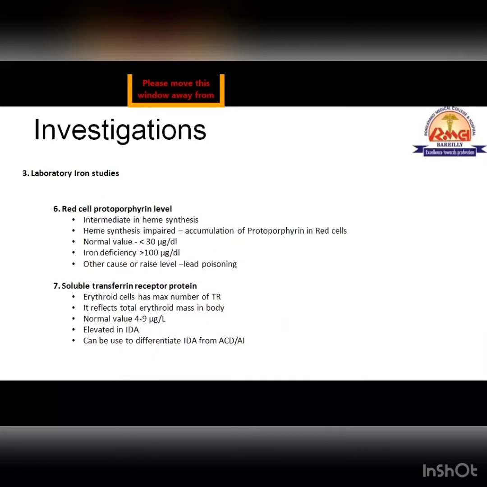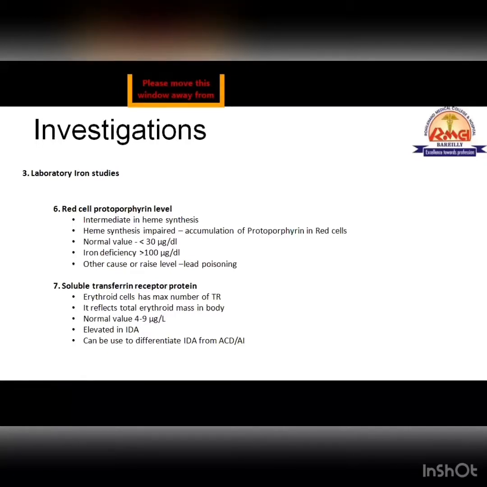Okay. Now, there is something known as protoporphyrin. In hemoglobinopathy, we will discuss the synthesis and degradation of hemoglobin. A normal hemoglobin has a heme part and a globin part. They are synthesized separately. The heme part is synthesized, and one of the intermediates of heme synthesis is protoporphyrin.